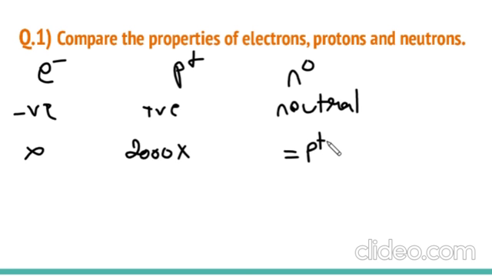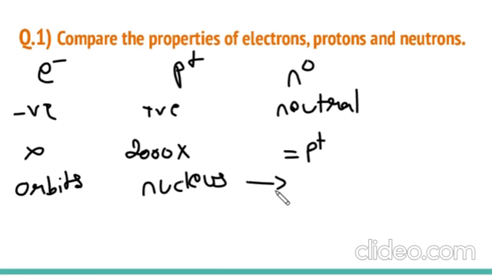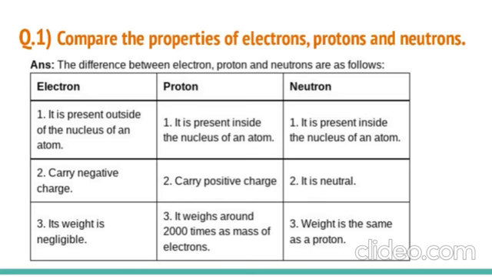And what is their location? Electrons are present outside the nucleus, in the orbits, whereas protons and neutrons are both present inside the nucleus, right? So here is how you will compare the properties. Here is the entire table of how you're going to write it.